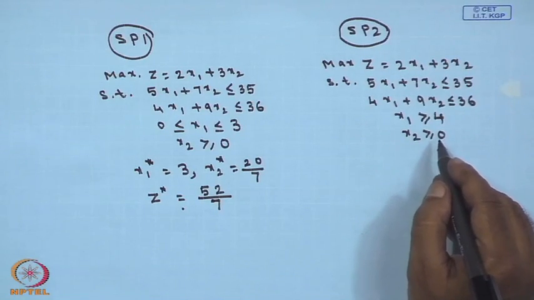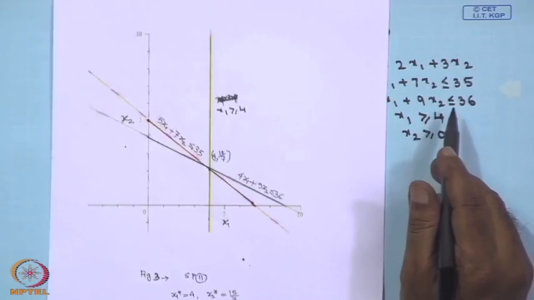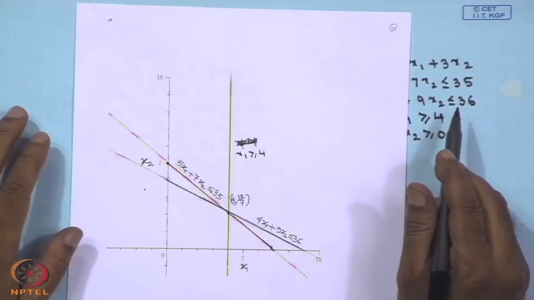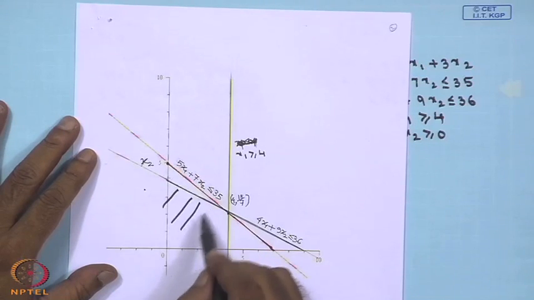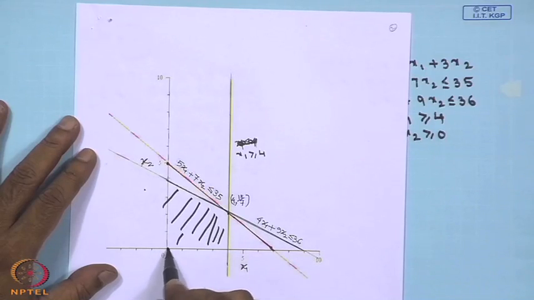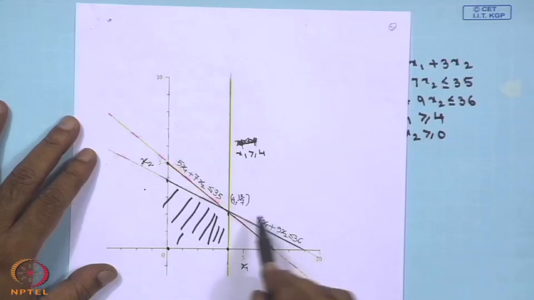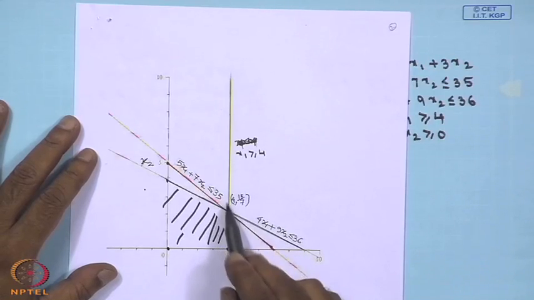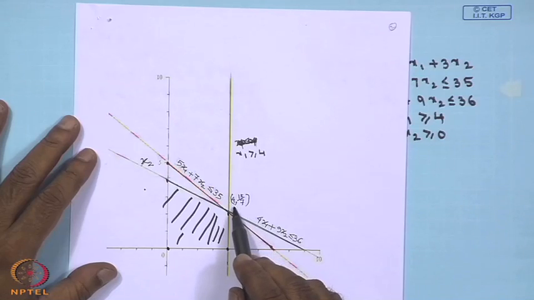Next is SP2. For SP2, the constraint is x1 greater than equals 4, that is this is the line. Again the feasible region is this one. Whenever you calculate over the feasible region, you obtain the solution at these points only, and you will see the solution at 4 and 15 by 7, that is x1 equals 4 and x2 equals 15 by 7.